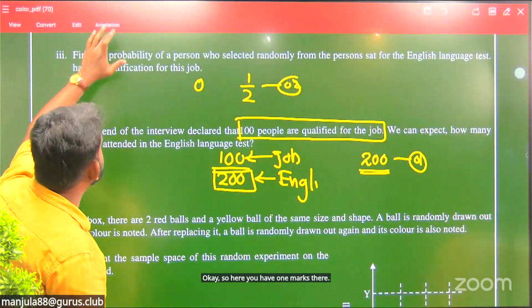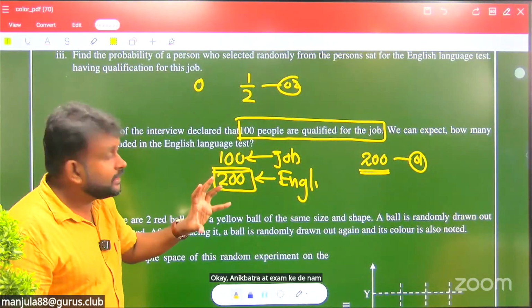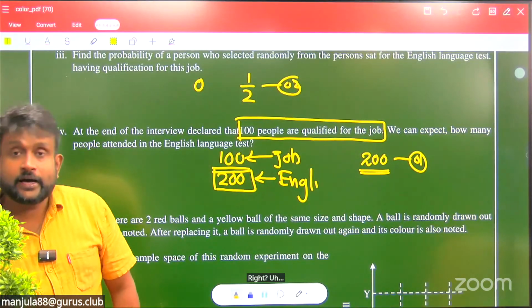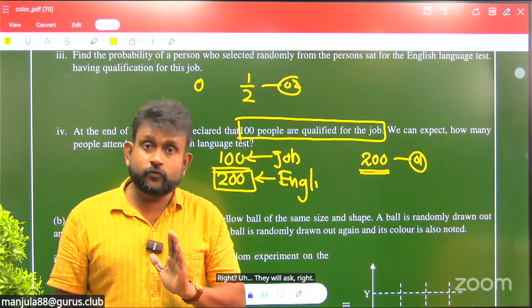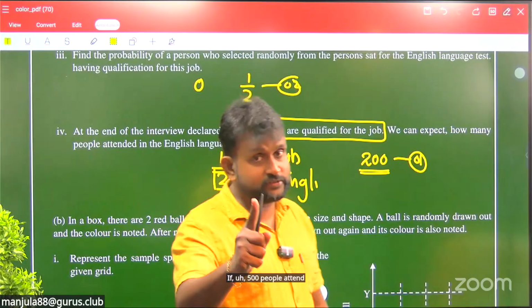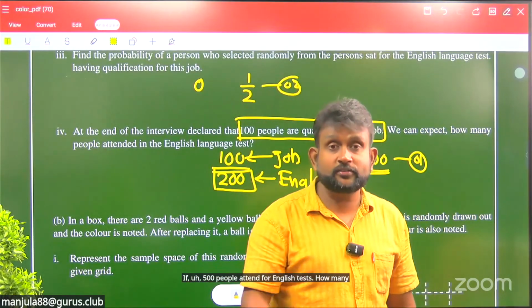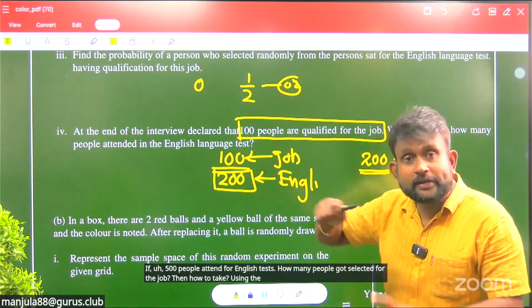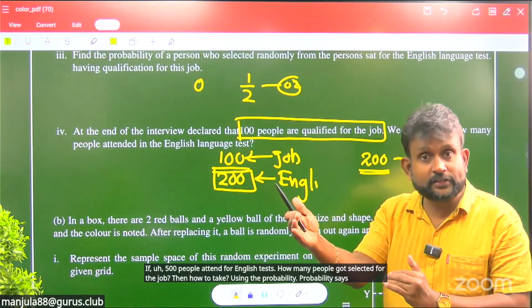They will ask the other way around too in the exam. They will ask, if 500 people attend the English test, how many people got selected for the job? Then how to take it using the probability: one half is the job-selecting probability.